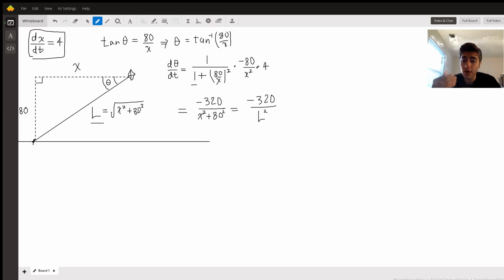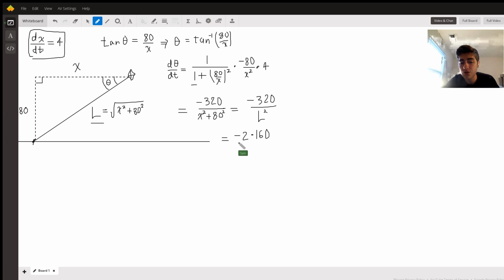The question was, what is the rate of change of the angle theta in radians per second when the length of the string is 160? Now that's really simple, because now we just need to plug in 160 for L. And so we get negative 320. What's negative 320? Negative 320 is the same thing as negative 2 times 160. So I'm going to express the numerator as negative 2 times 160.